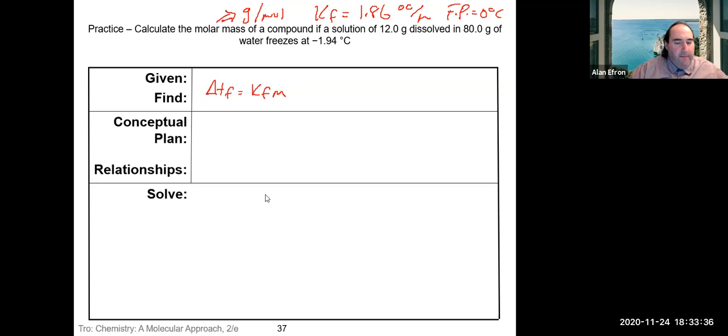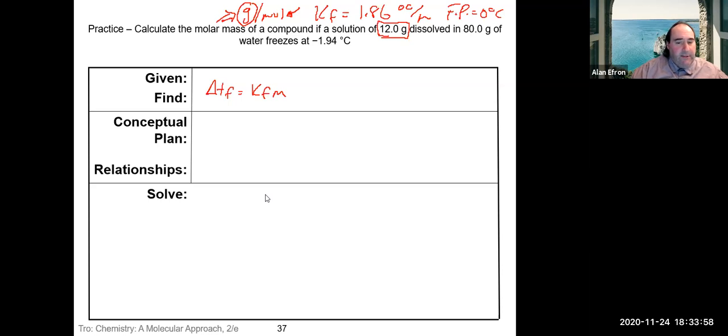Now we're looking for molar mass, which is grams per mole. And we actually have the top part already given to us. We're going to take 12 grams of this substance and dissolve it. So that actually is the top part. Really what we need to figure out is the moles part. And that's actually going to come from the freezing point information that's given to us.